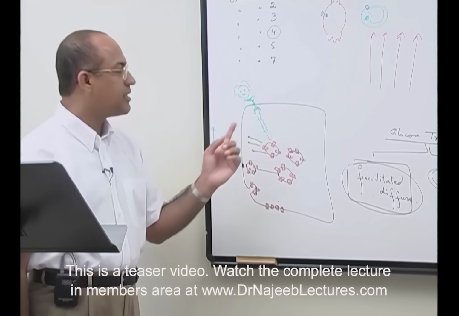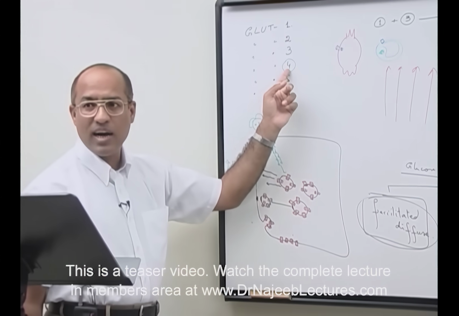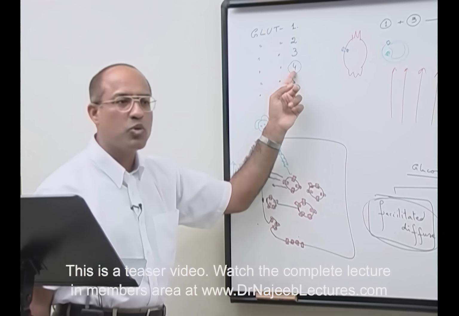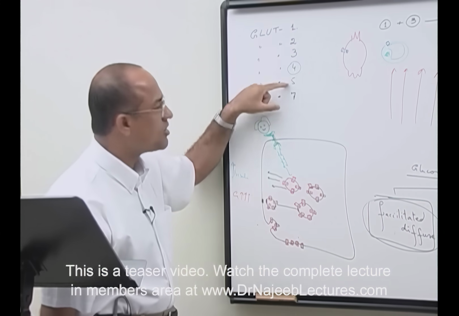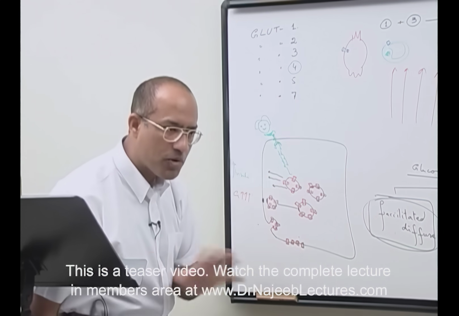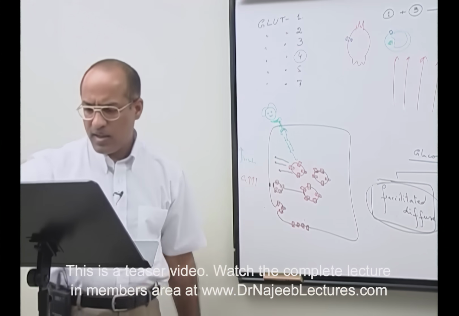So we can say the expression of glucose transporter type 4 in the membrane is insulin dependent, but the others are not insulin dependent. Am I clear? No problem? Right. So we were talking about type 4.